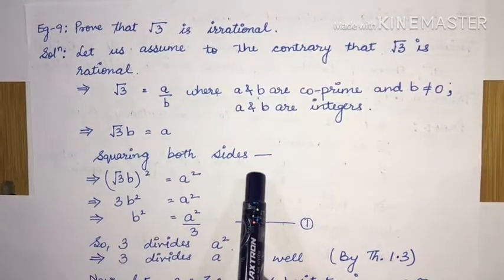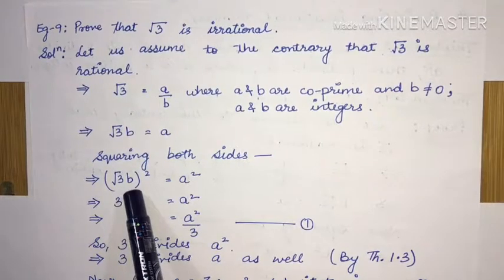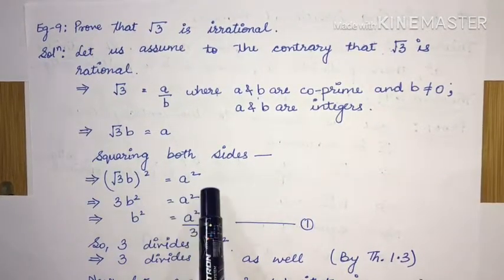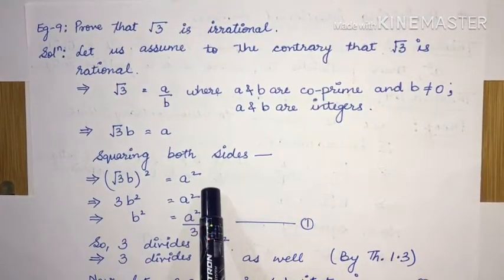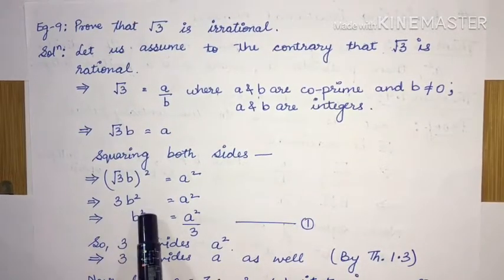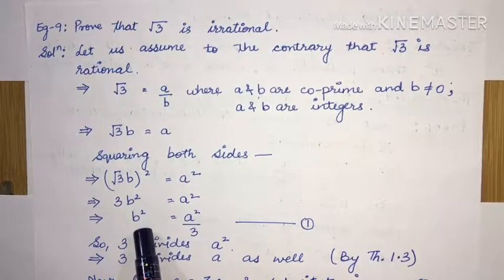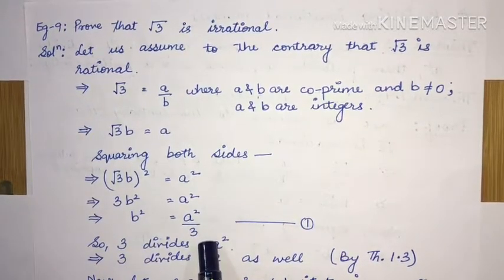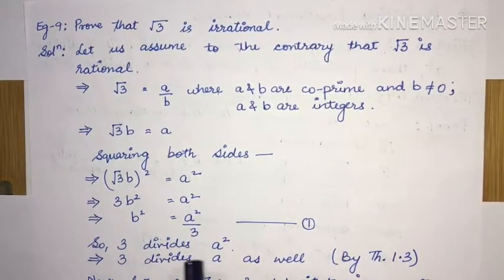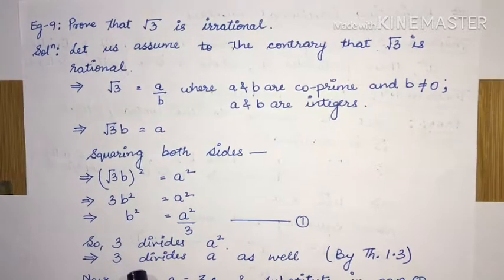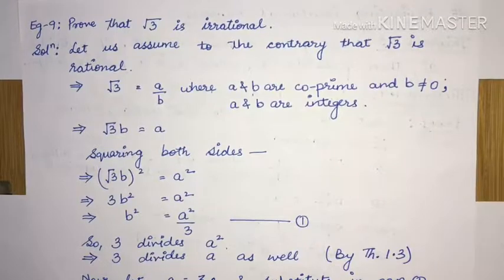Now we'll square both sides. So root 3 b whole square is equal to a square. After squaring, we'll get 3b square is equal to a square, which implies b square is equal to a square upon 3. So 3 divides a square, which implies 3 divides a as well by Theorem 1.3.